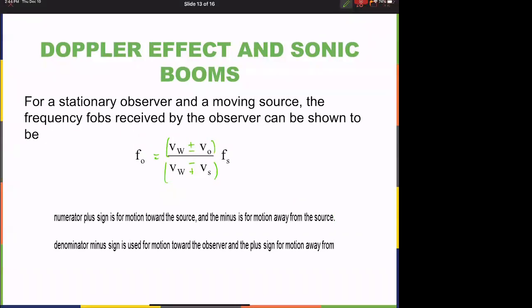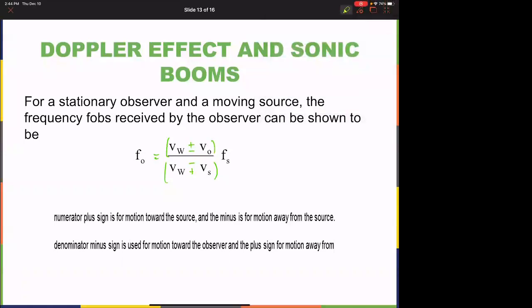They go together. When the numerator is a plus sign up top, it goes with this. And the minus is away from the source. If the denominator is a minus sign, it's towards, and if it's a plus, it's away. So they go together.